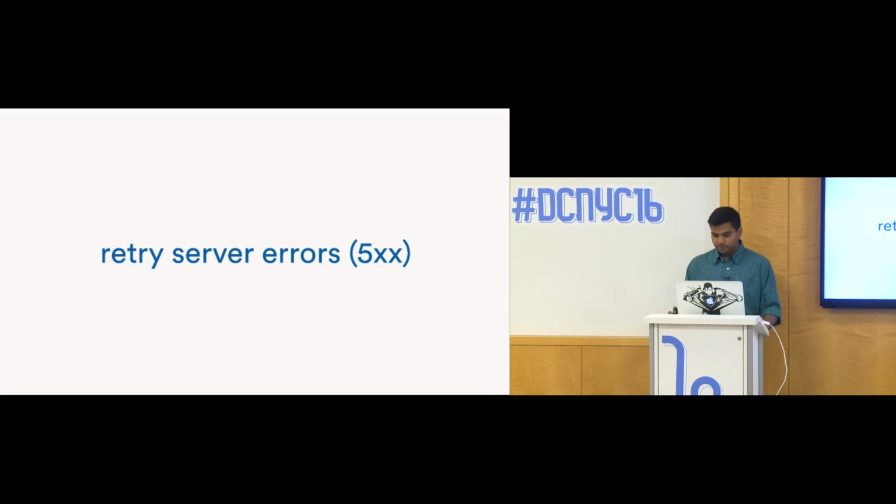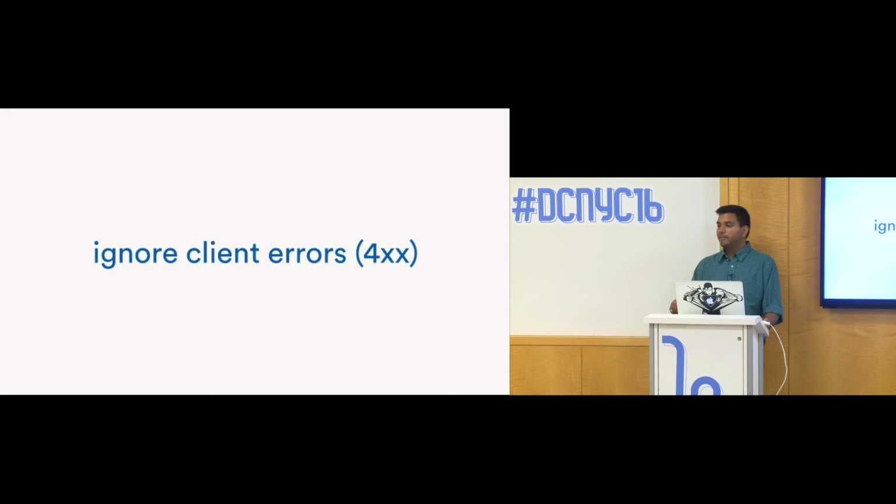And the last case of errors, remember 200 and 300 are considered good responses, so they're not really errors, is the 400 level of errors, which is essentially a client-side error. In this case, the best strategy really is to ignore the error. By ignore the error, what I mean is you don't want to retry the same message as is, unless it happens to be 429, which is the rate limiting header.